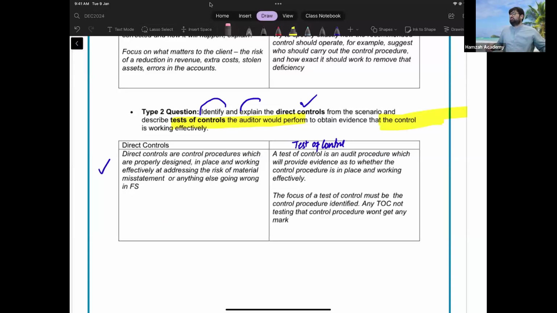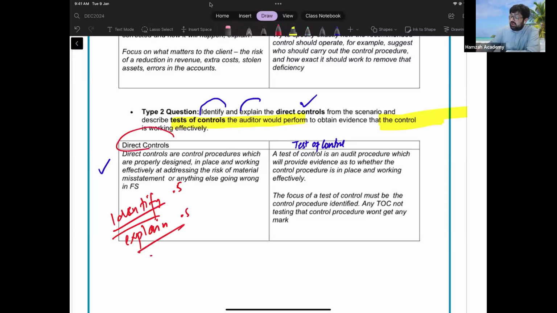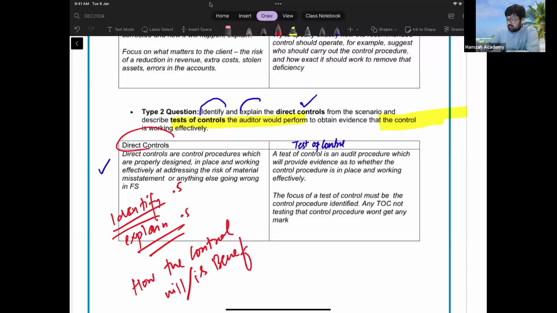Next. So the point is identify and explain. These are two different things. There are 0.5 marks for identifying and 0.5 marks for explanation. So when you are explaining that control, explaining means how the control will or is benefiting the company.